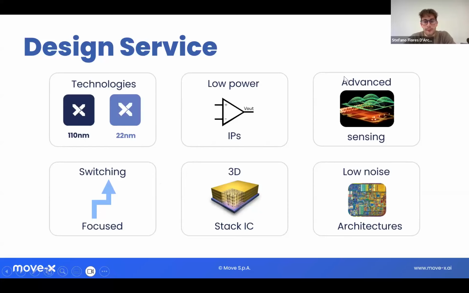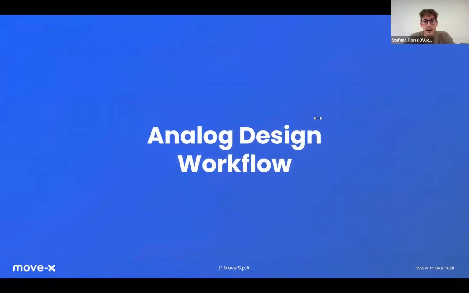Moreover, we work also for advanced sensing products, exploiting high-end technologies like SPAD, in particular scaled CMOS technologies, and many more.